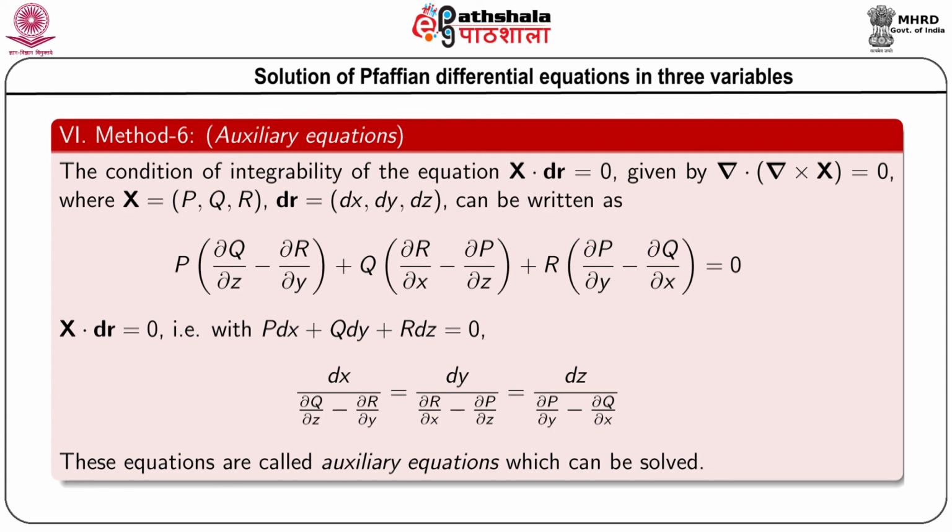Now, X · dr equals 0 gives the equation P dx + Q dy + R dz equals 0. So, if we compare these two equations, then dx, dy, dz must be proportional to (∂Q/∂z − ∂R/∂y), (∂R/∂x − ∂P/∂z), (∂P/∂y − ∂Q/∂x) respectively, and this equation is called the auxiliary equation.